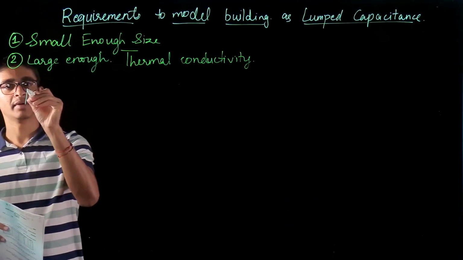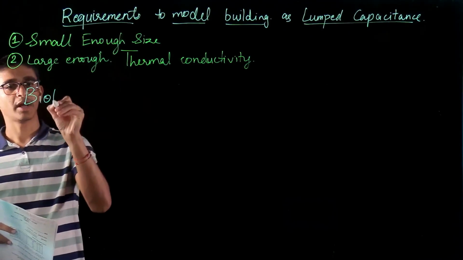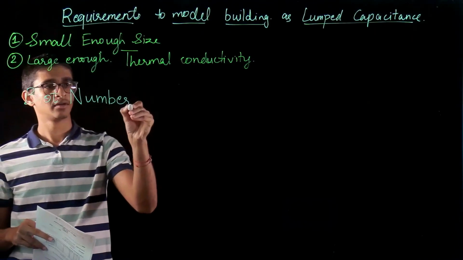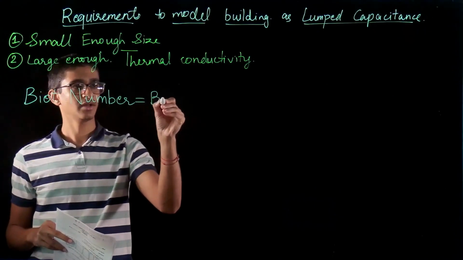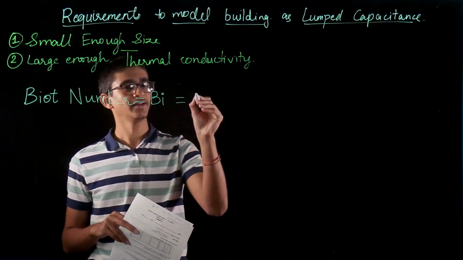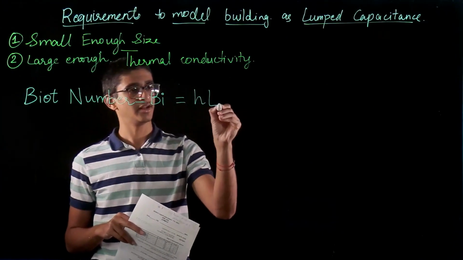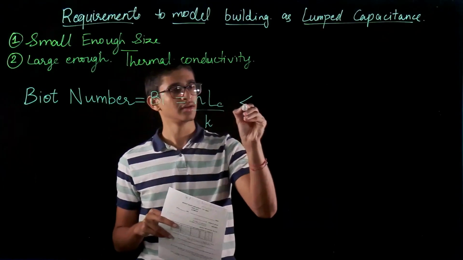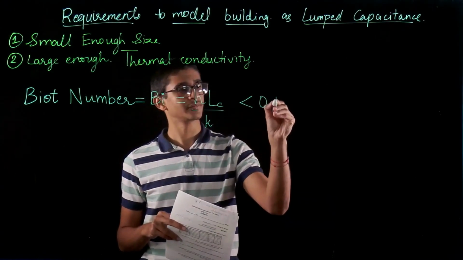The condition is given by something called the Biot number, which is Bi, and it is defined as h Lc by k, and the number should be less than 0.1.